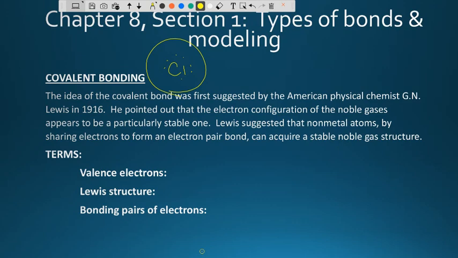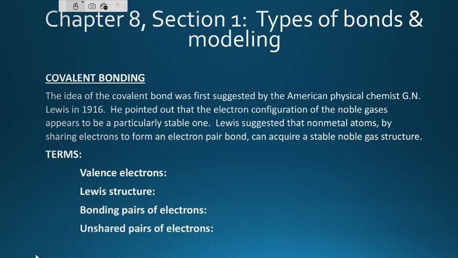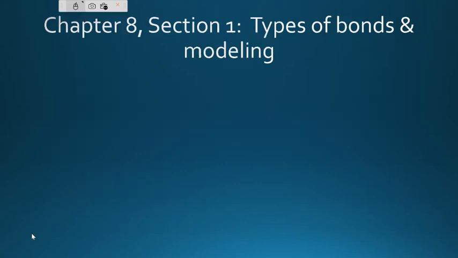The model of that covalent bond, and we have bonding pairs of electrons. When I said that they're being shared back and forth, those would be what we call bonding pairs of electrons. And then sometimes there are extra electrons around that atom, and we refer to those as unshared pairs, non-bonding electron pairs. So we just have to get used to those terms because all of these things will be telling us what shape these are going to be forming when they form a compound.